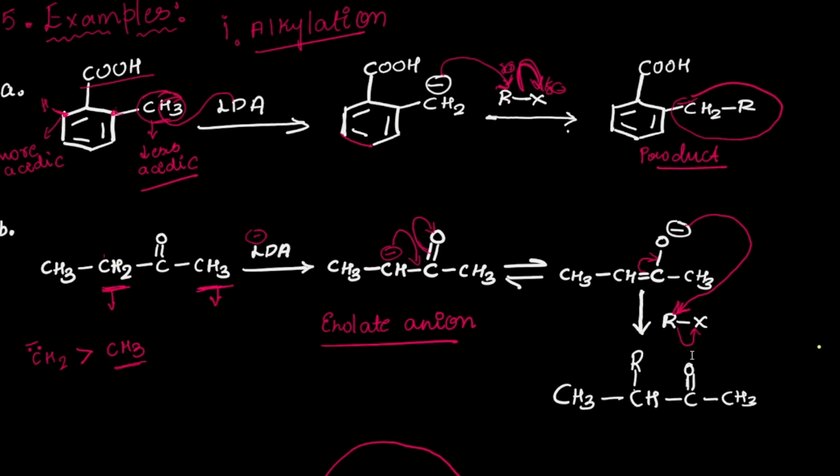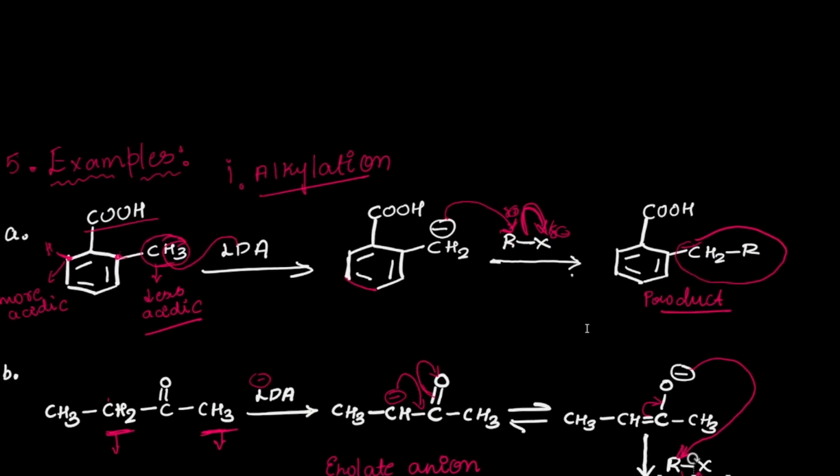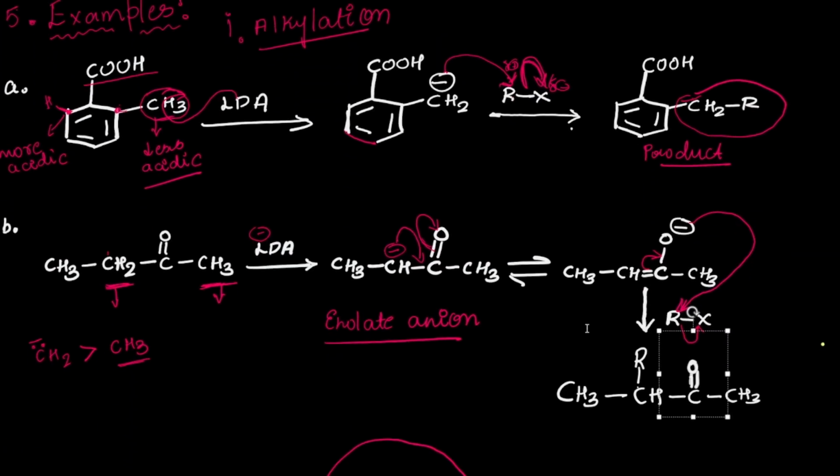So now let's see another example. Here in the second example, you can see that it's a carbonyl compound. In the properties, we have studied that compounds having carbonyl groups, when reacted with LDA, form an enolate ion.